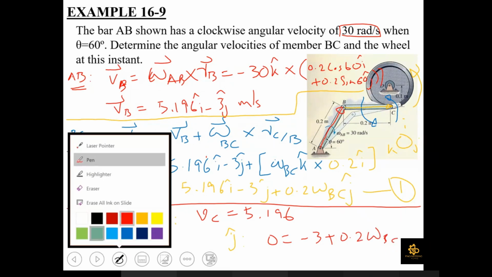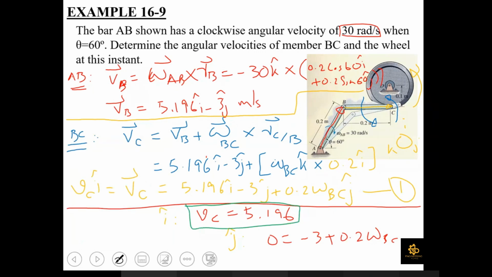So from this, you get VC equal to 5.196 and omega BC equal to 15 radians per second. Since it comes out positive, your assumption regarding the direction of omega BC was correct. That is, this link BC is rotating in a counterclockwise direction.